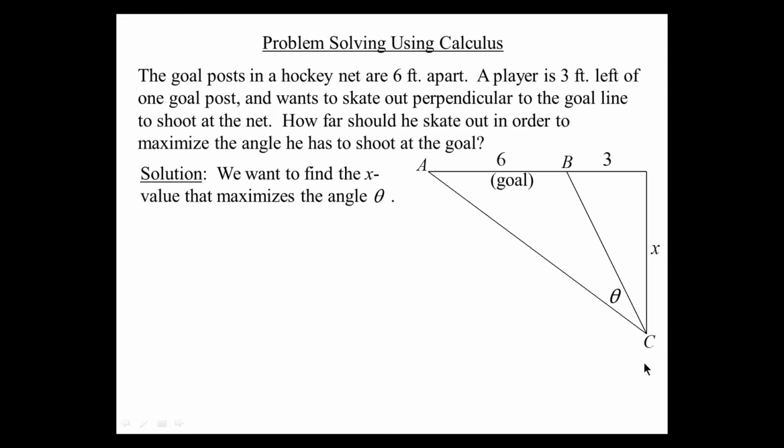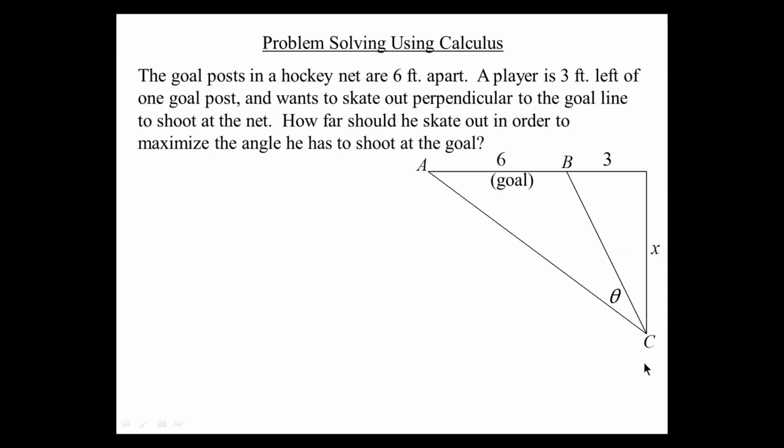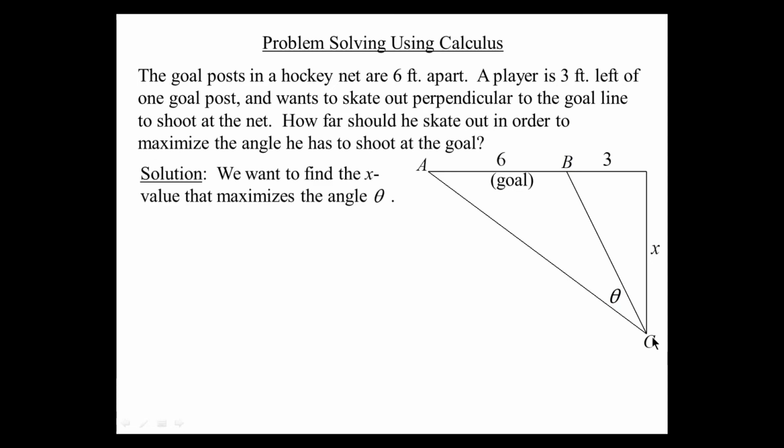We want to find the x value that maximizes the angle theta. So I wrote it down. It's often good to say things when you're writing a math solution. Okay, now Mr. Pythagoras comes to the rescue. This distance right along here, because of this right angle, is the square root of 3 squared plus x squared.